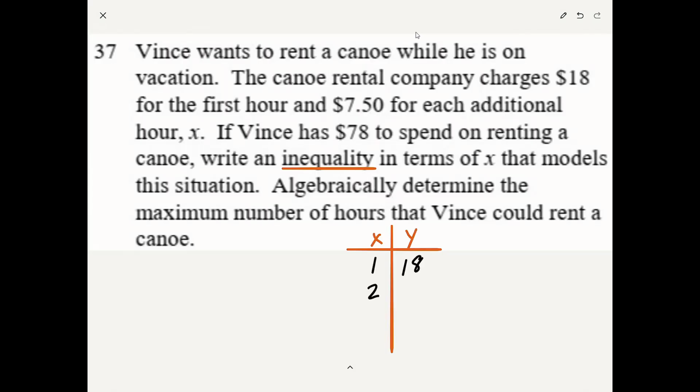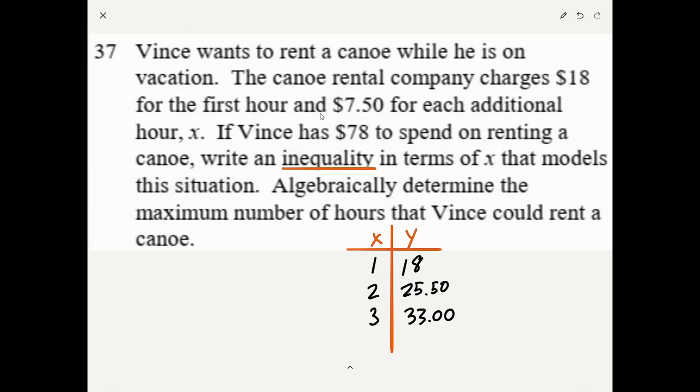So $7.50 plus $18 would be $25.50. Now, even though they didn't say this, if he went for a third hour, we would add another $7.50, right? So it would be $33. So the first hour, he spent 18. The second hour, he spent 25.50. The third hour, he spent 33.